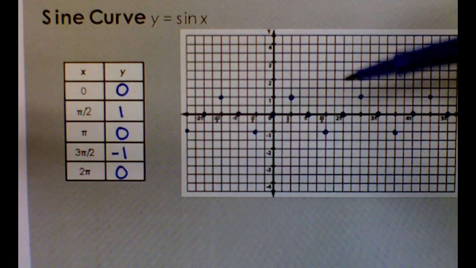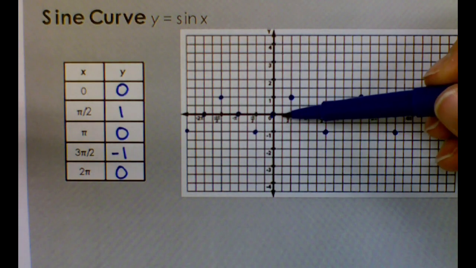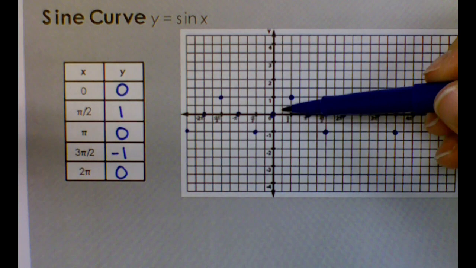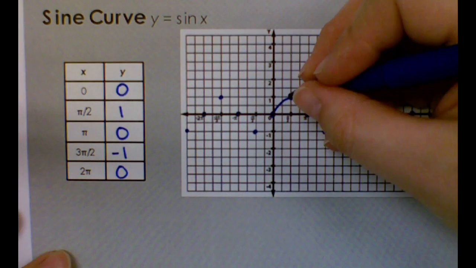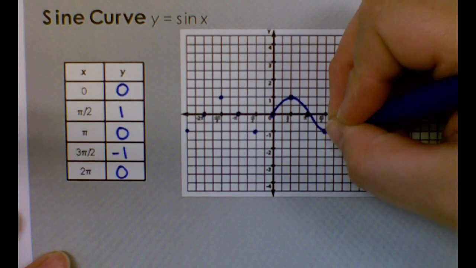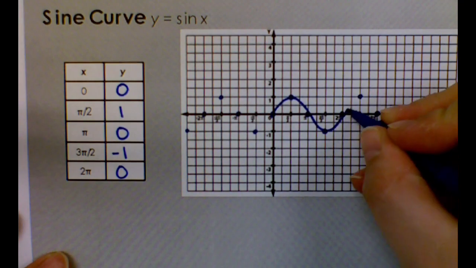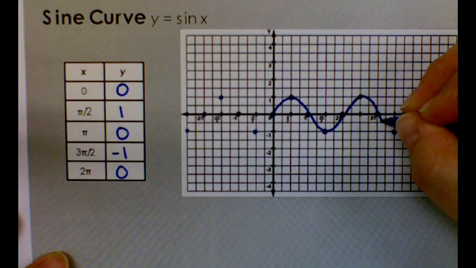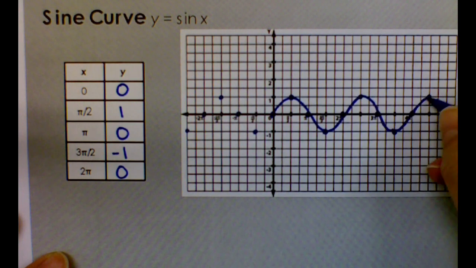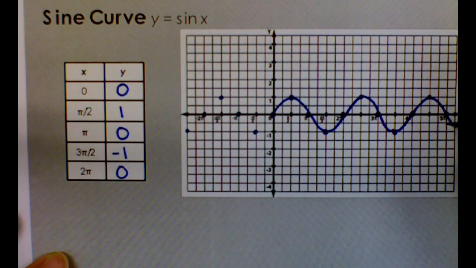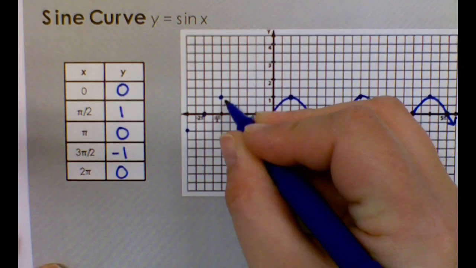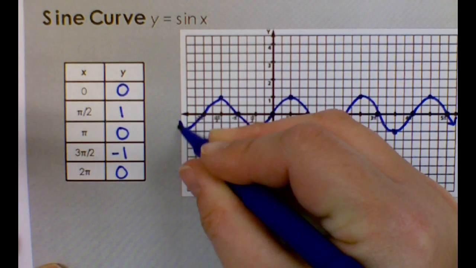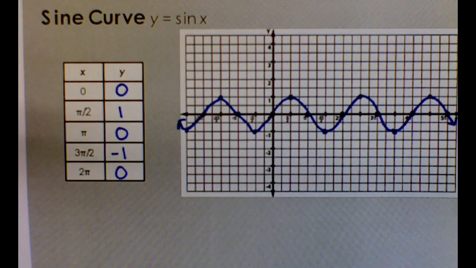If we graph more points, pi over 4 is square root 2 over 2, which will show us that it's a curve. We curve smoothly up and down through our peaks. Arrows on the end. Down, up. And mine's a little shaky, but there is my graph of y equals the sine of x.